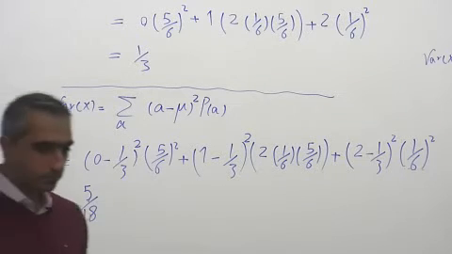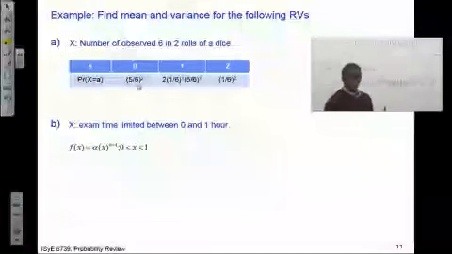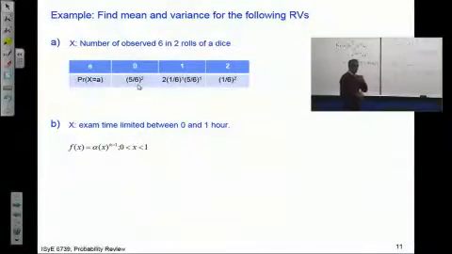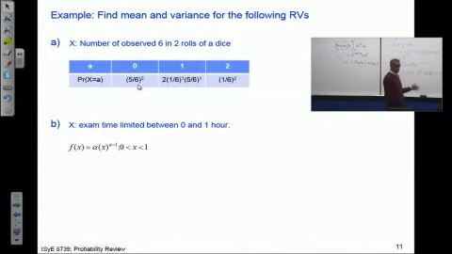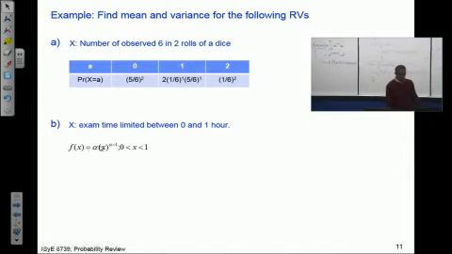Okay. If there is no question, let's start working on part B. So exam time is limited between 0 and 1 hour, and students basically finish the exam in a random fashion, all right?